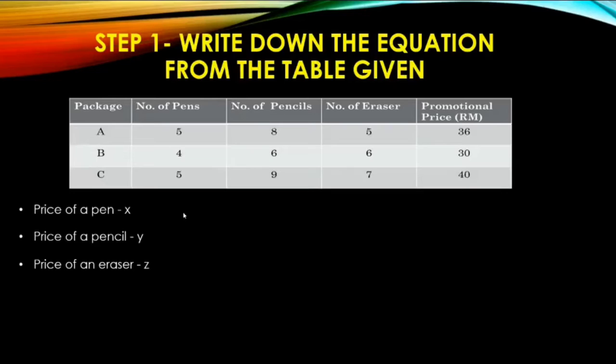The first equation would be 5x plus 8y plus 5z equal to 36. The second equation would be like this. And Saffa, can you give me the third equation? Okay. The last equation is 5x plus 9y plus 7z equal to 40.